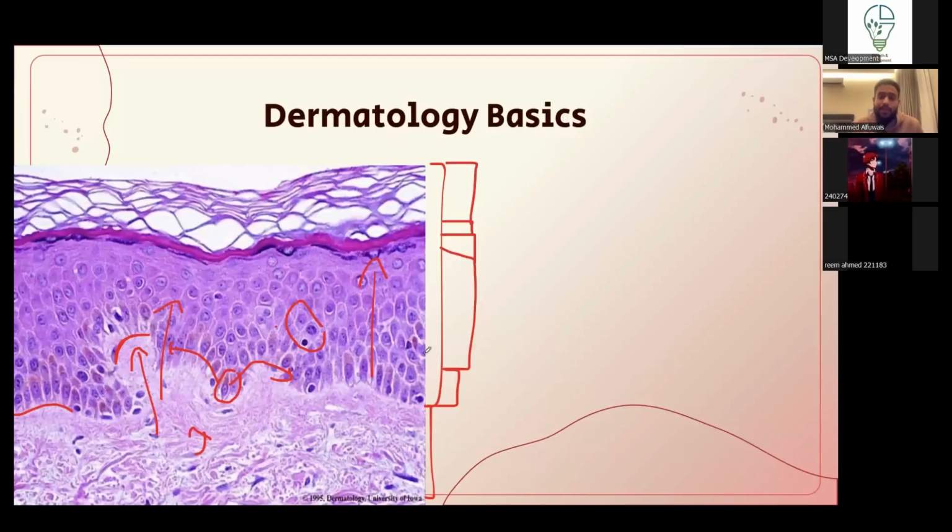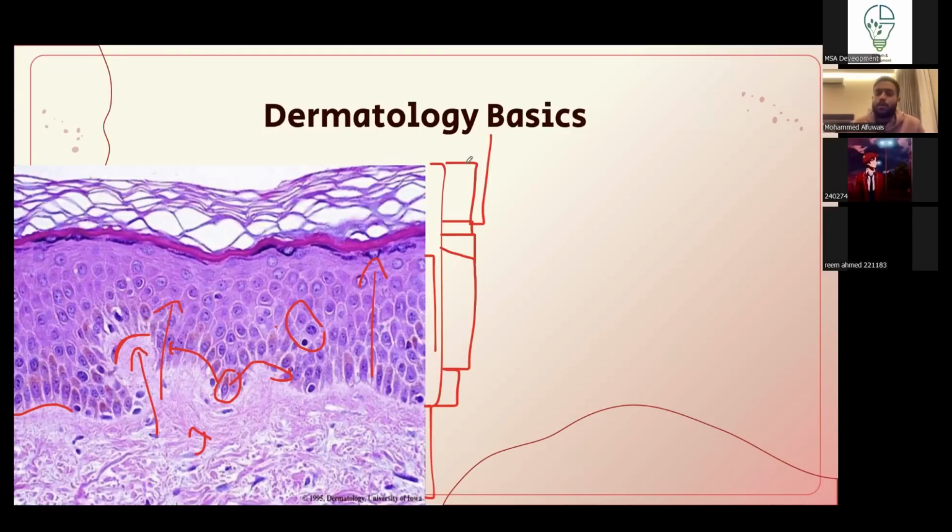Acanthosis is thickening of all layers of the epidermis, mainly the spinosum, which is this middle layer, or the main layer. What if you have increased thickening of the corneum only? What is this called? Hyperkeratosis. Where is the keratin mainly? Dead keratin, and it's in the corneum. So if the stratum corneum itself increases in thickness, you'll have hyperkeratosis.